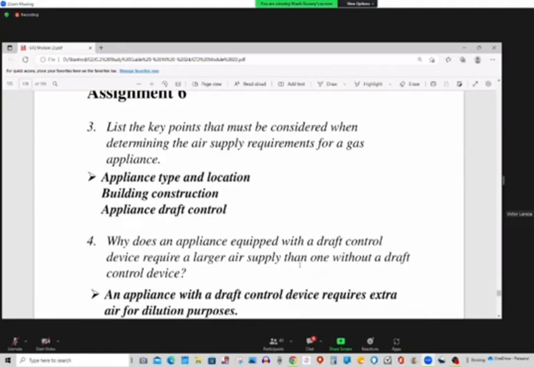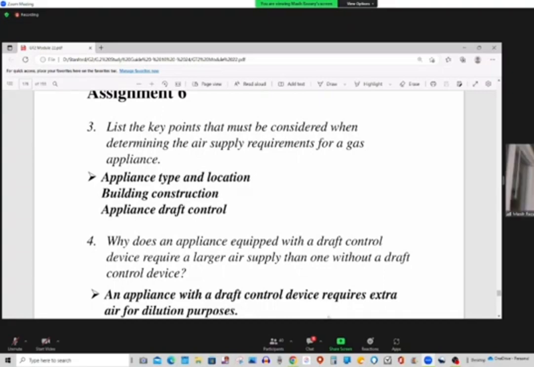Number 3, list the key points that must be considered in determining the air supply requirements for a gas appliance. Answer: appliance type and location, building construction, appliance draft control. Can you explain more?